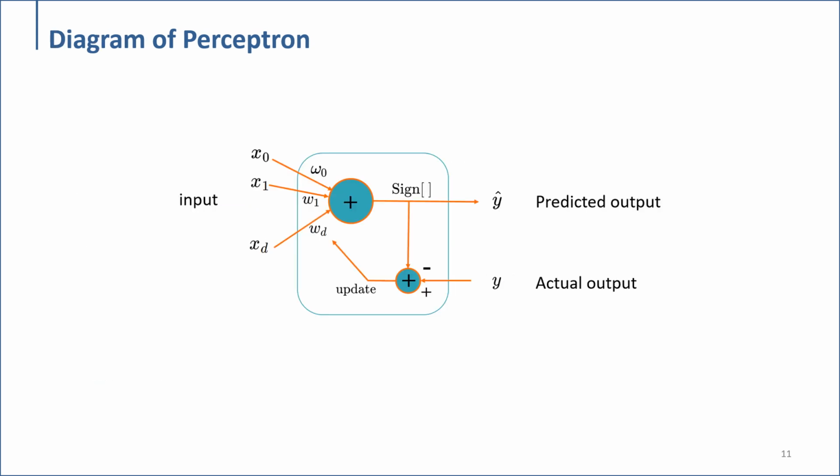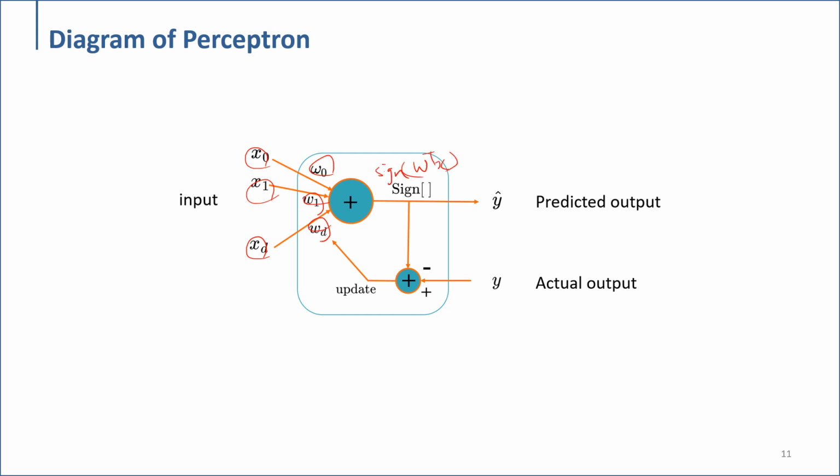This is a simple diagram of the perceptron. By getting multiple inputs and multiplying by the weights, we calculate the sign of omega transpose x.